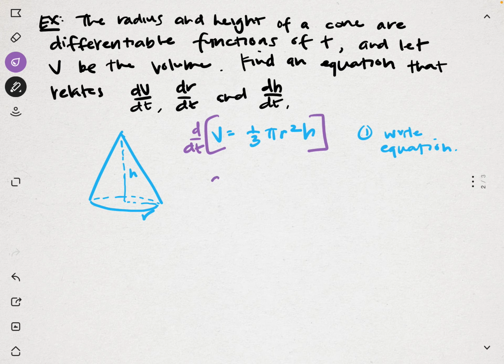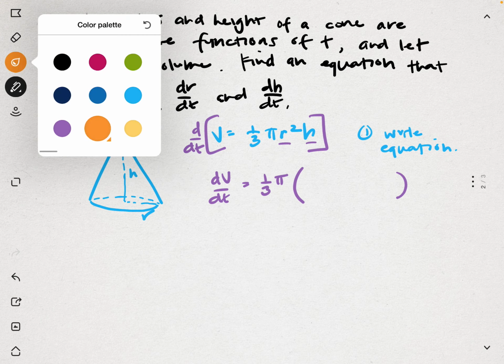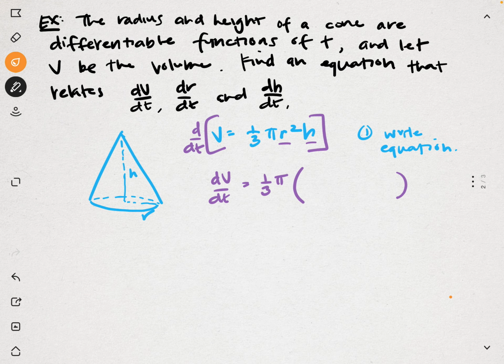Again we have dv/dt equals 1/3, not affected by derivatives, neither is pi. But what we have here, I'm going to put parentheses here, is a product rule, because we have the r squared times the h. So let's change colors one more time. I'll do it over here just because we have room. So we'll say u is r squared, du is going to be 2r, and again, because we're doing it with respect to t, we have to make sure we do dr/dt.